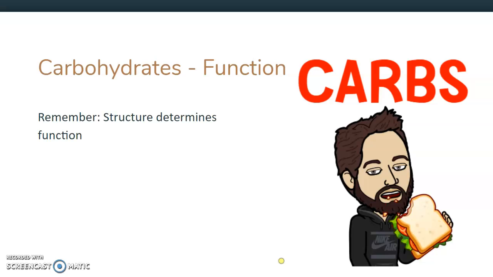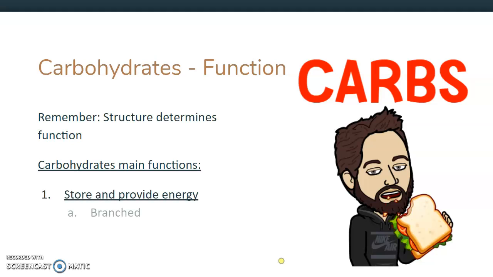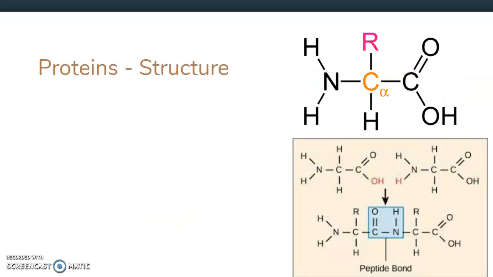So that comes back to our important phrase that our structure determines our function. So our main function is to store and provide energy, and we talked about those branched carbohydrates doing a lot of that storing. And then for our structure and our support is our other function. And so those are when the unbranched and our bricklaying type of carbohydrates come in handy.